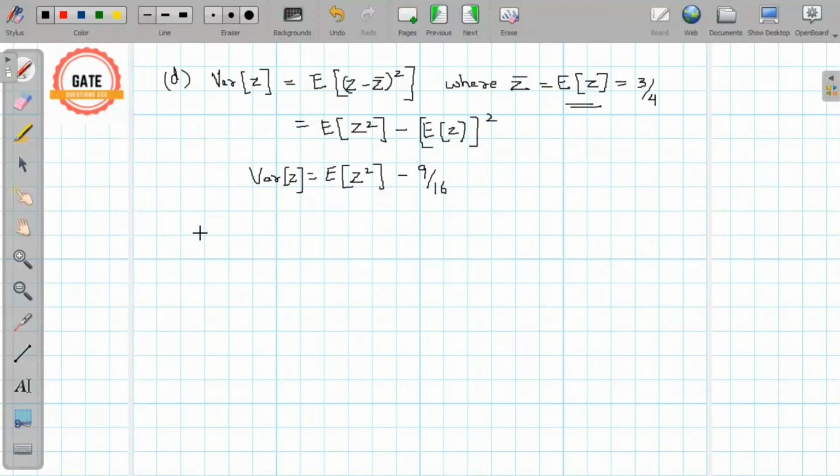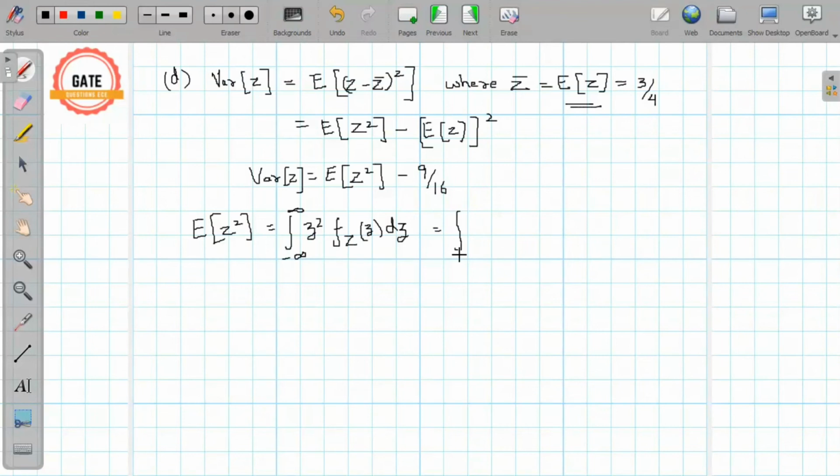So that we can do similar to the expectation of z. So expectation of z square will be equal to integration from minus infinity to plus infinity z square times the PDF of z dz. So this we know it is 3z square in range 0 to 1.